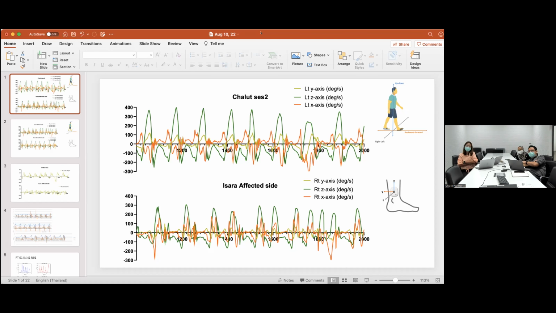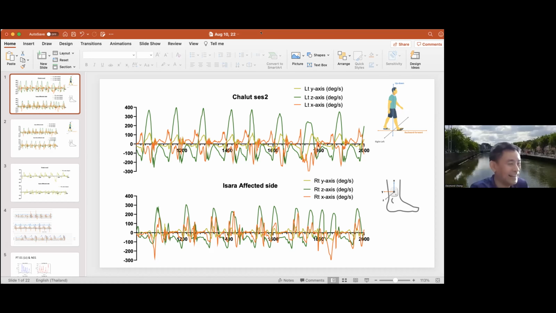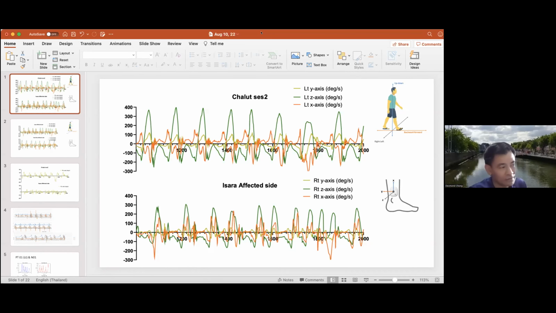It sounds hard. It sounds difficult. Okay. What you can do is we can get the results out first, then we see whether there is any pattern.